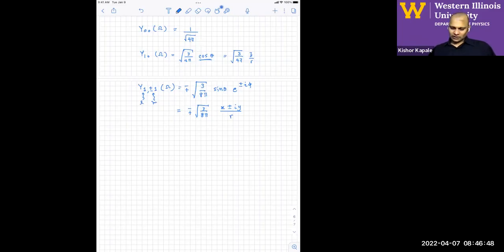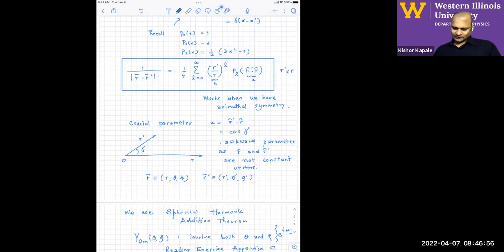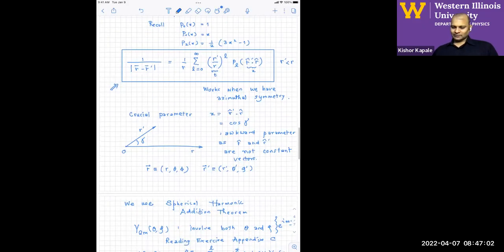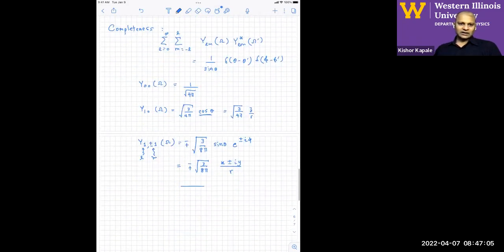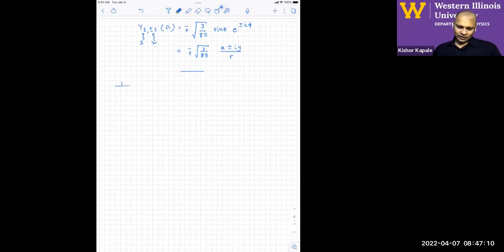Okay, so that's good. We have this kind of stuff. So we now know how to take this expression and replace the PLs in terms of the YLM. So let's go ahead and do that, and let's see what that yields. It's now going to be 1 over the distance r minus r prime, which is 1 over r, sum over L equal to 0 to infinity of 4 pi over 2L plus 1.